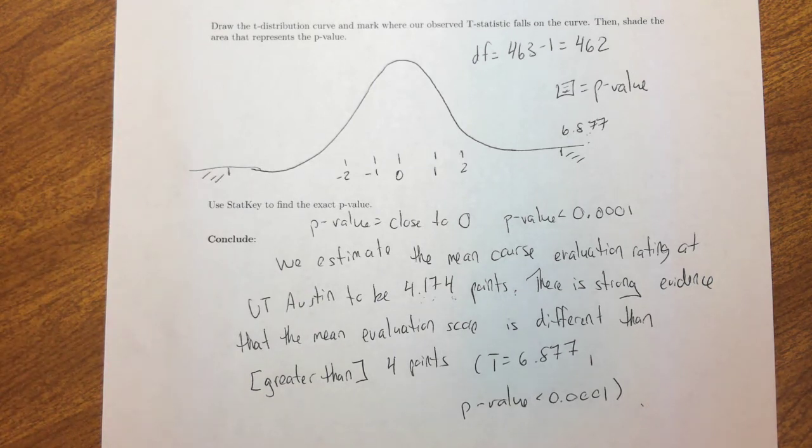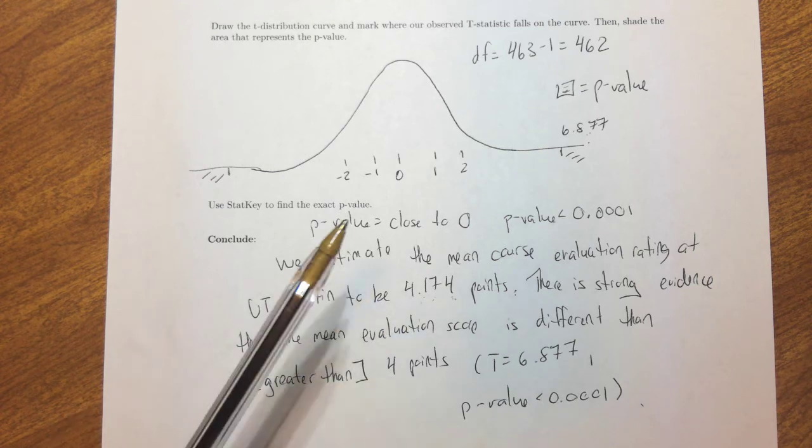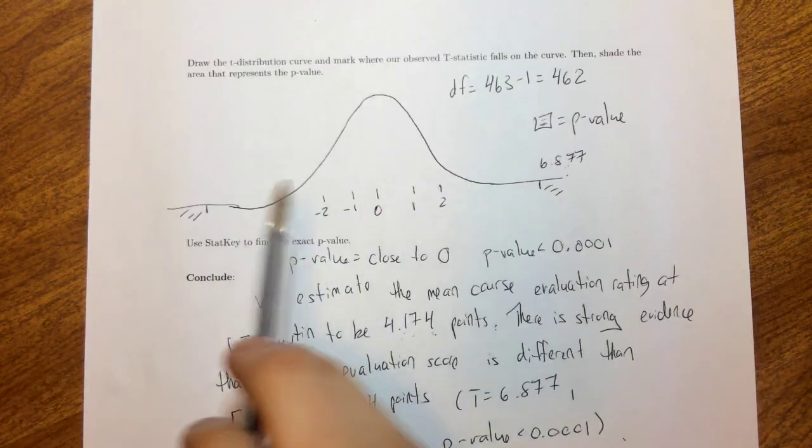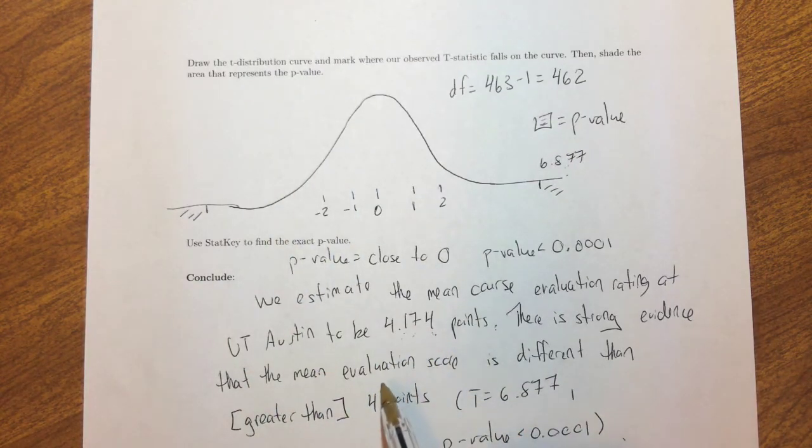Okay, and so next time we'll start talking about exploring scatter plots and correlation, which will lead us into some regression models, where we might be interested in including some predictors for, say, course evaluation score.